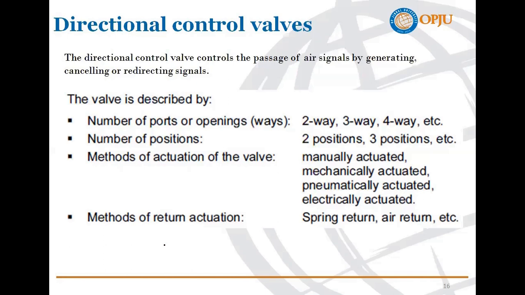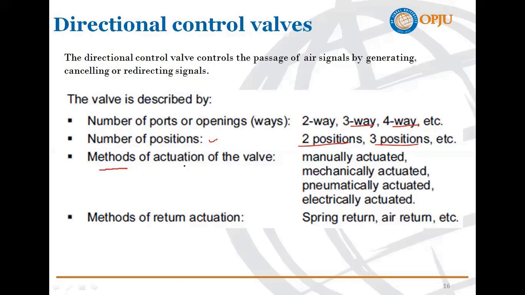Normally the valve can be described by the number of ports or openings. You can say there is a two-way valve, a three-way valve, a four-way valve. In terms of position, it can be a two-position valve or a three-position valve.